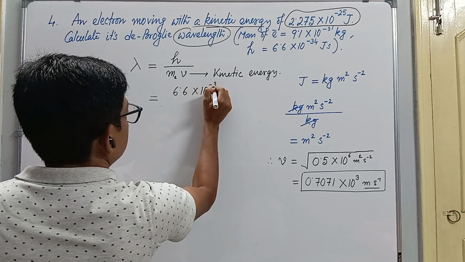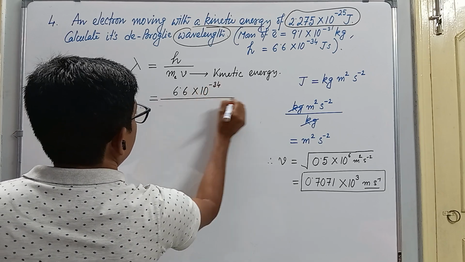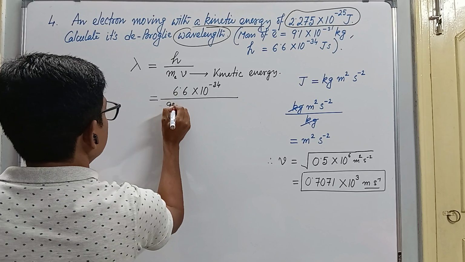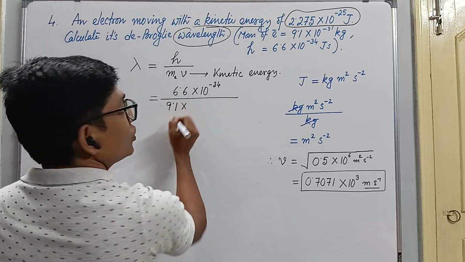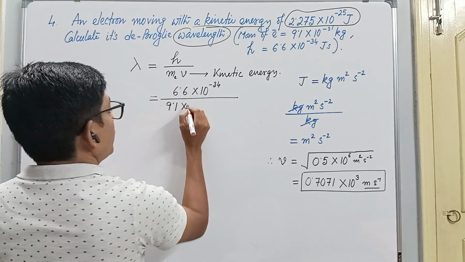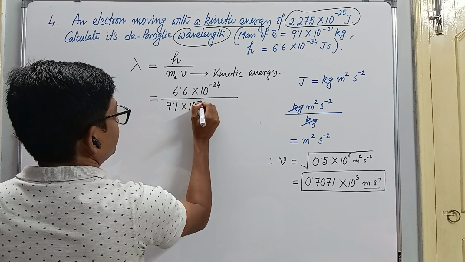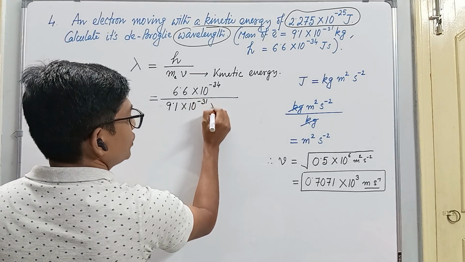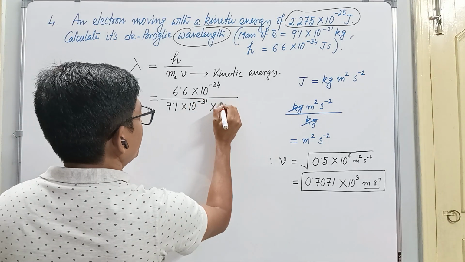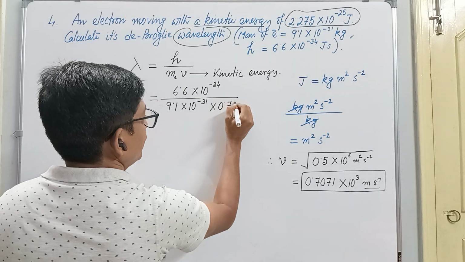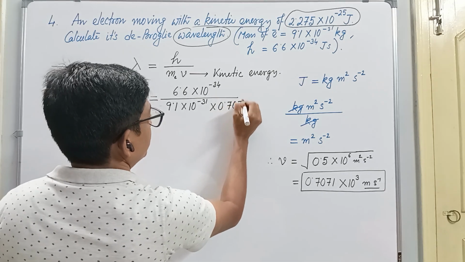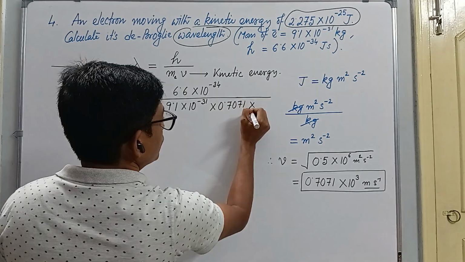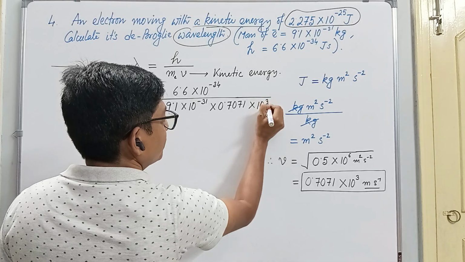10 to the power minus 34 divided by the mass, that is 9.1 into 10 to the power minus 31, into the velocity, this is the velocity, 0.7071 into 10 to the power 3.